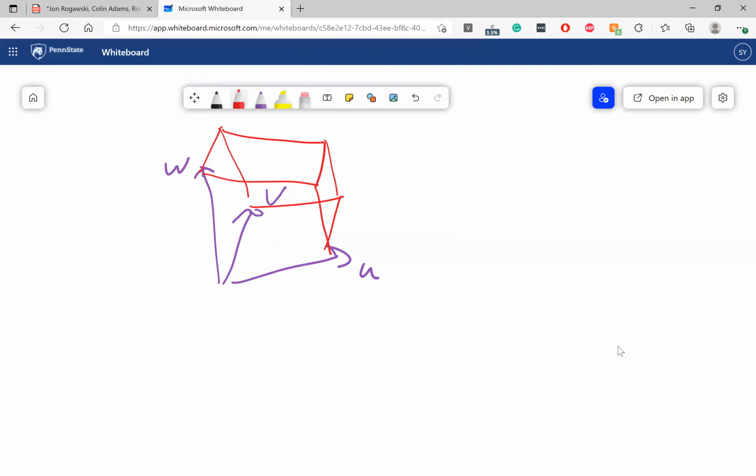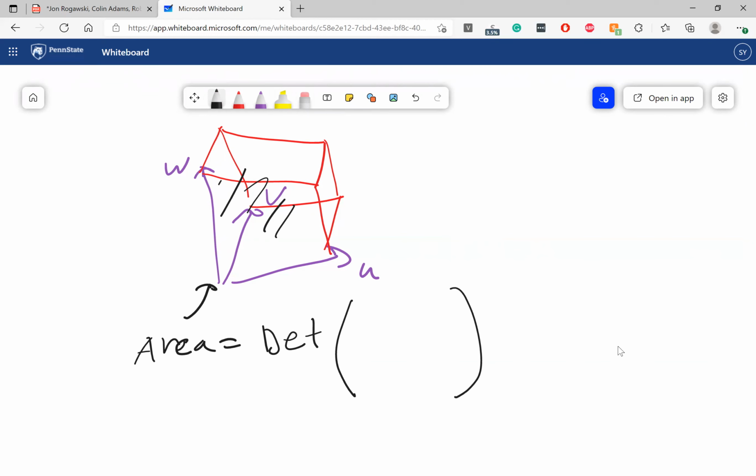Then the area of this parallelepiped is going to be equal to the determinant of the matrix with U on the first row, so U1, U2, and U3.